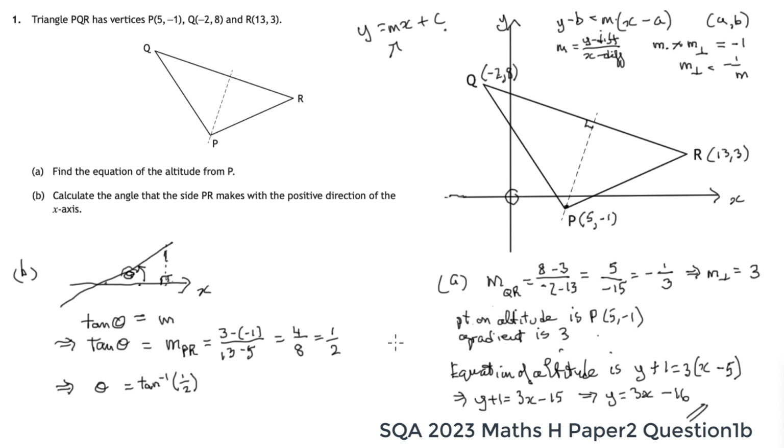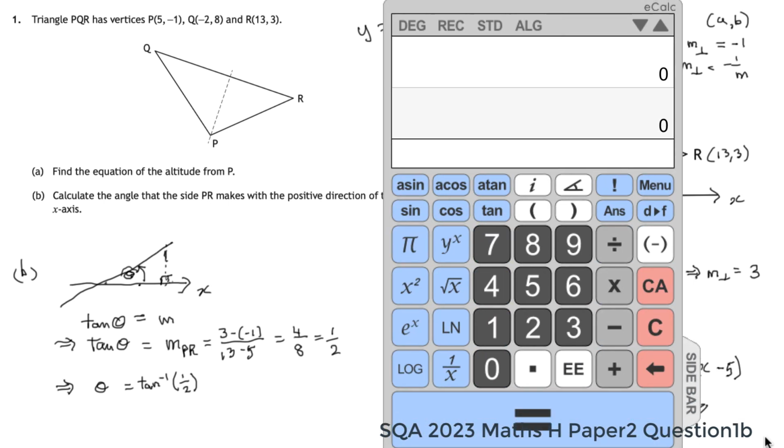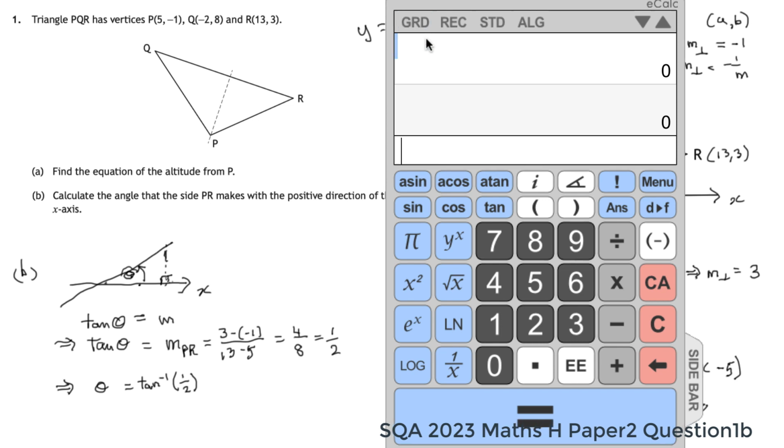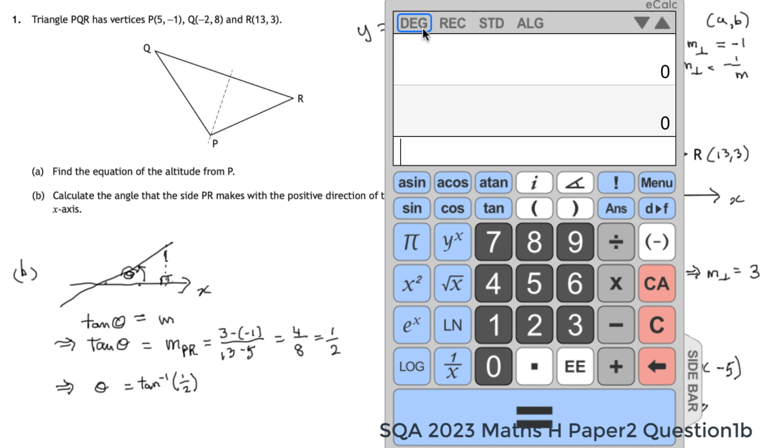So we need a calculator for this. So here we are. And you need to take note of what your calculator is measuring angles in. I've got this set up for degrees. There's radians, so just check the mode that your calculator is in.